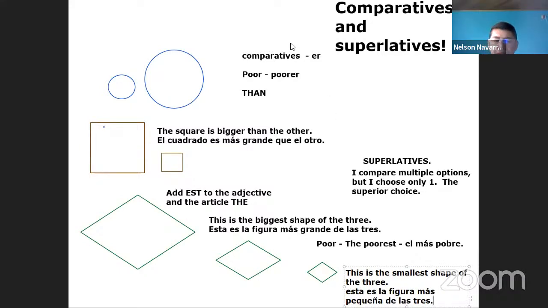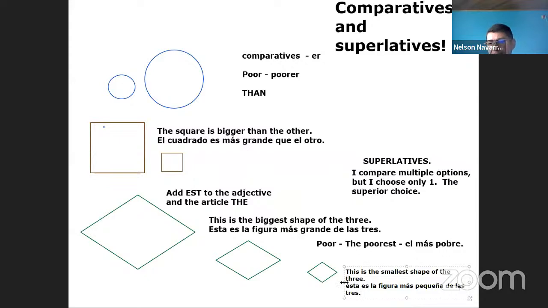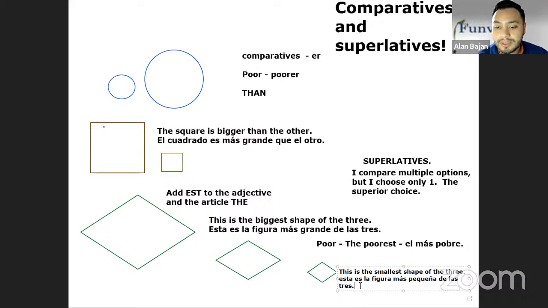Teacher, do we always need the article the? Yes. We always need it because without it, the sentence will not have the same meaning.